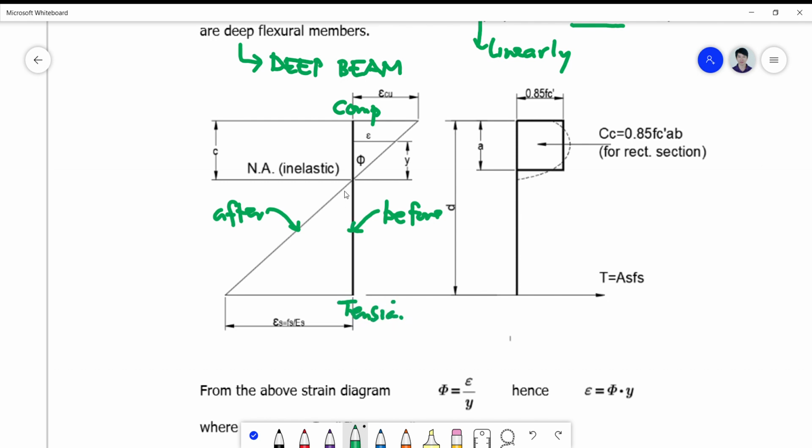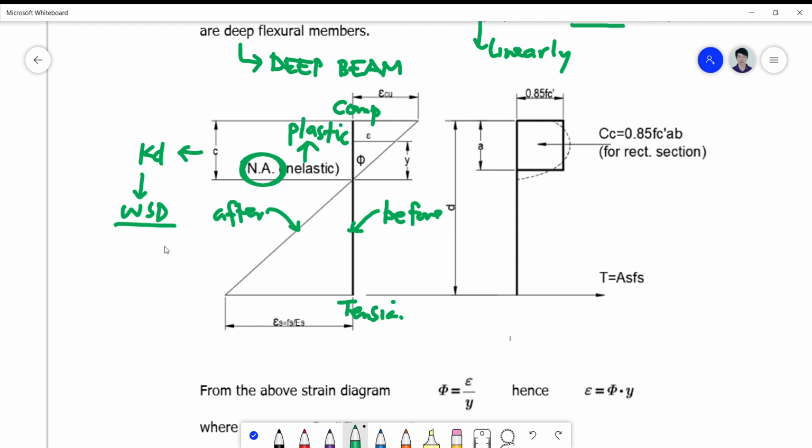It is divided in terms of the location of the neutral axis at the inelastic part, the plastic range in reinforced concrete. This location is defined by the value of C from the compression fiber. C is sometimes also known as kd in your WSD. This is the WSD language.